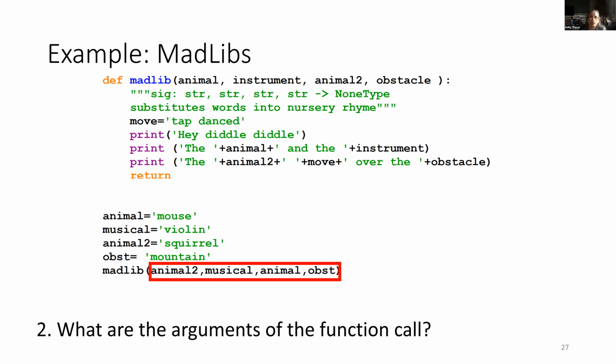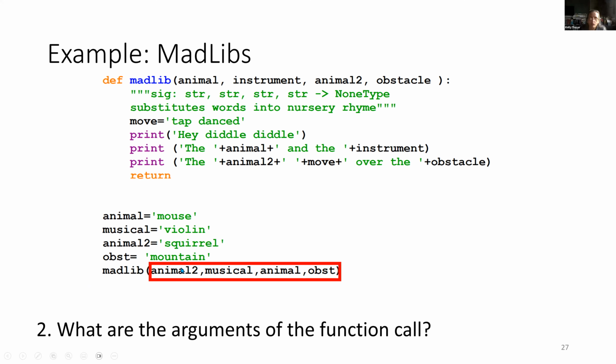The next thing we want to look at is what are the arguments of the function call. So that means we need to find the function call. That's right down here, madlib of animal, animal 2, musical, animal, and the thing that they're going to need to jump over, the obstacle. And so those will be sent up and then accessed as we move through the code.